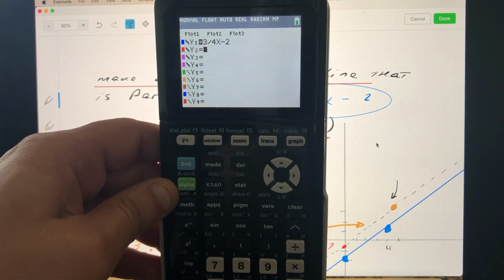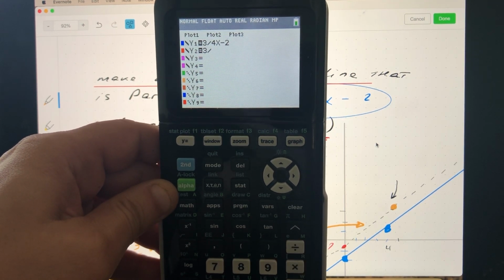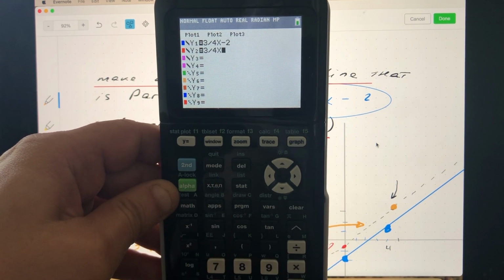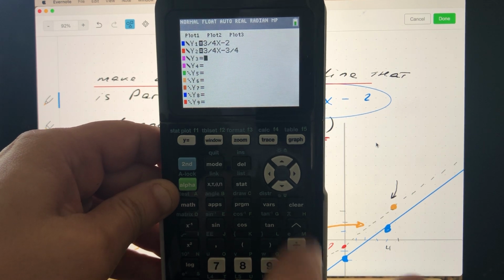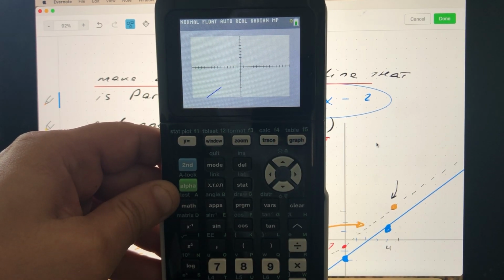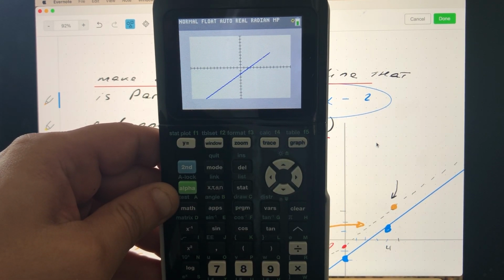And our next one is 3/4 x minus 3/4. So let's look at a graph. Here comes the first equation. Here comes the second.